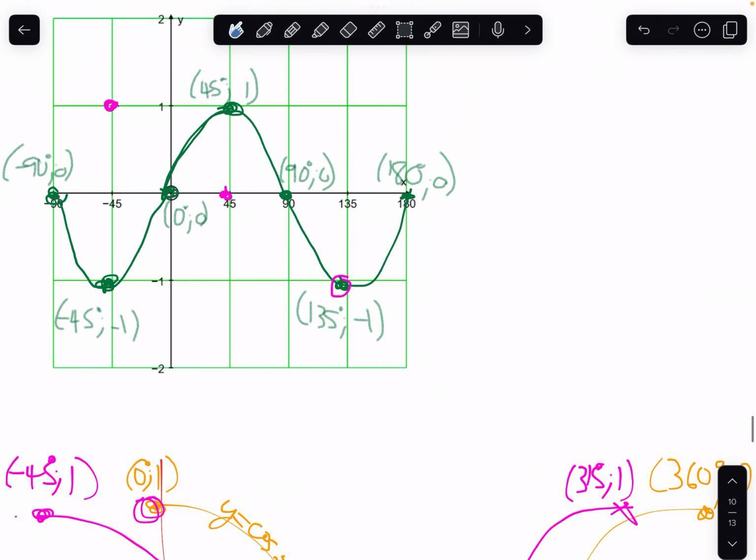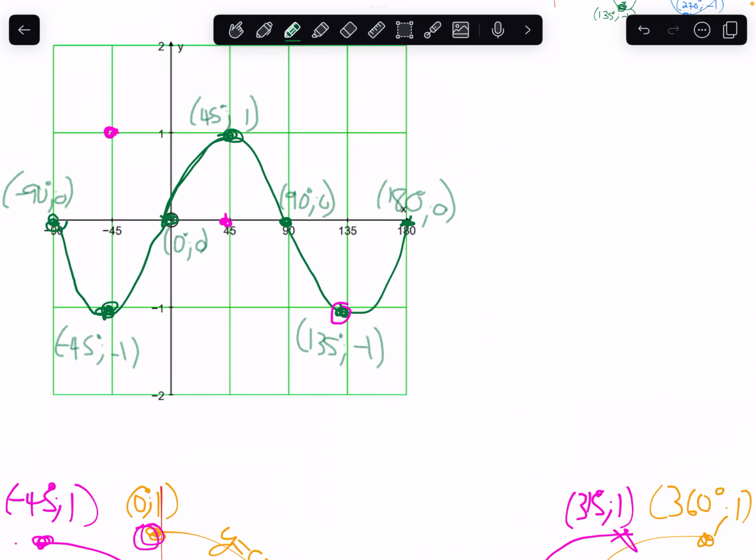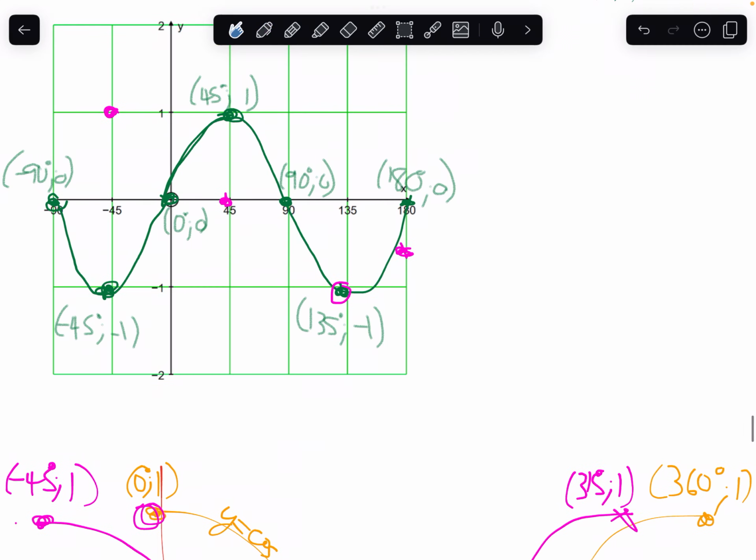Well, we can actually work that out a bit more accurately just now, but let's just put it there for now. Okay, and then on the other side of negative 45, things are currently looking something like this. Very questionable. Okay, there's only so much you can do with your bandaged fingers.